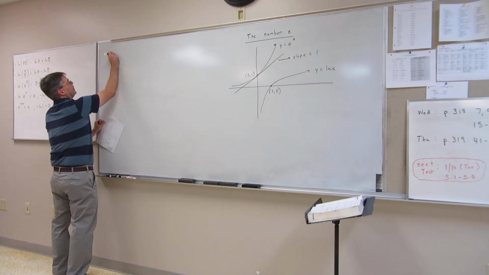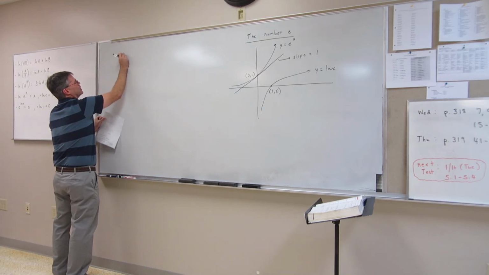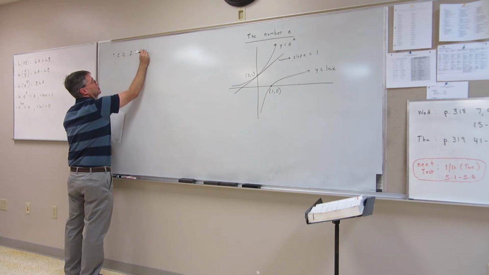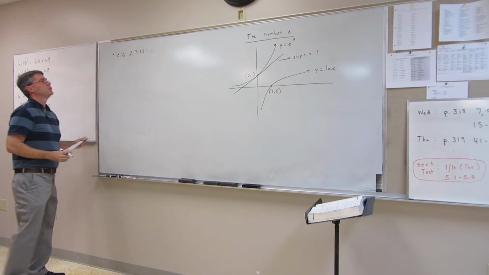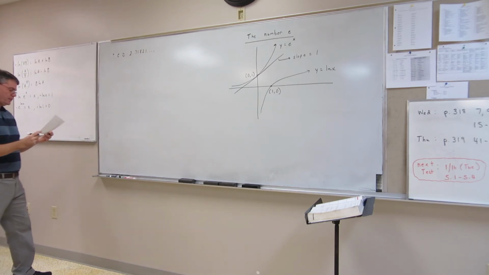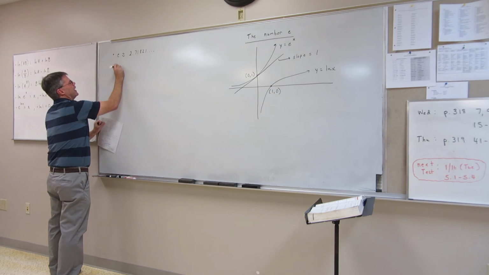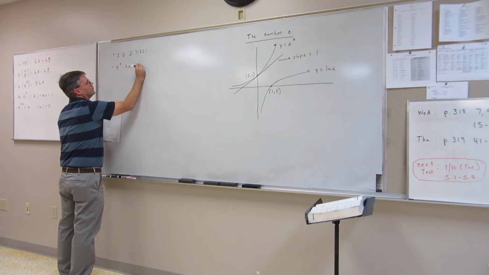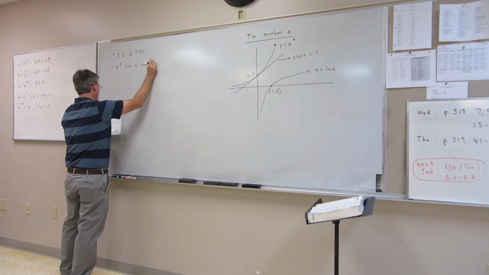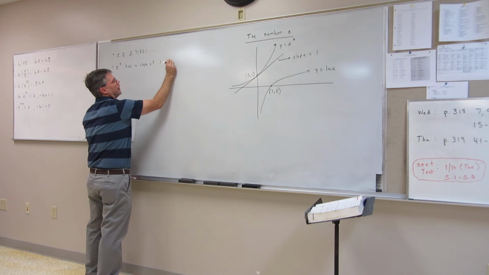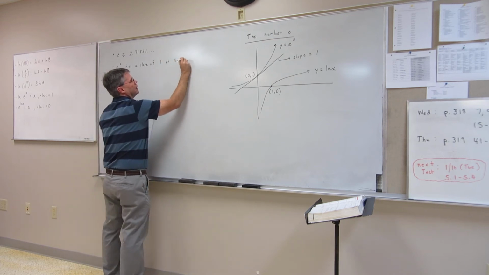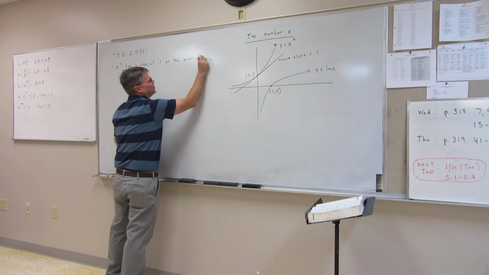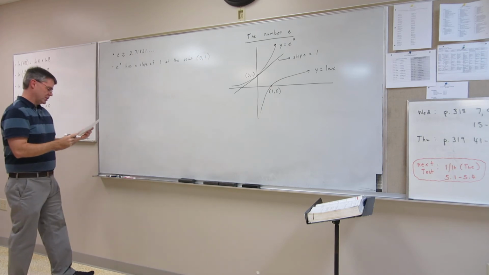Now, a few facts about e. E is approximately equal to 2.71821, and it just goes on forever. E to the x has a slope of 1 at the point 0, 1, which I've already mentioned.